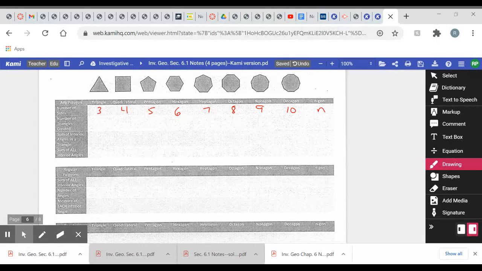So we'll just say it has n sides. You do need to be familiar with these. From 3 up to 10, you should know how many sides it has when that's mentioned.